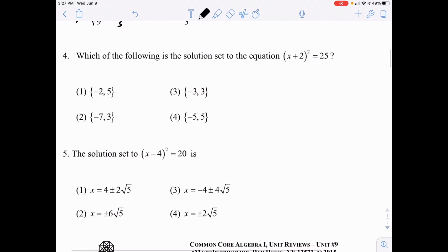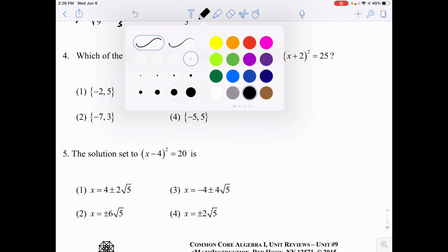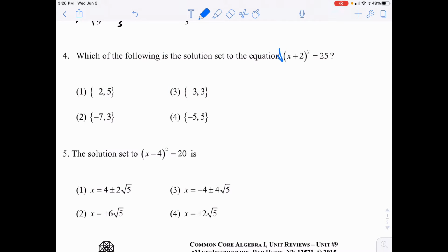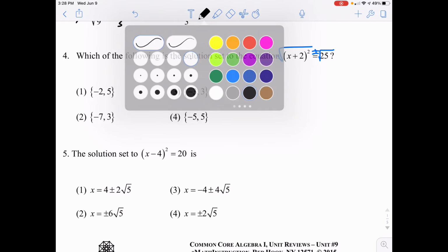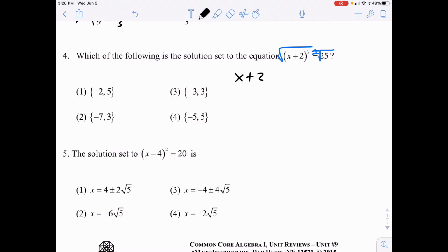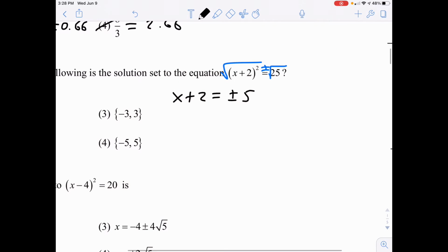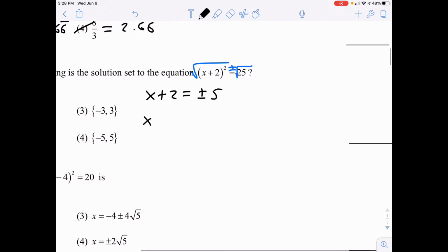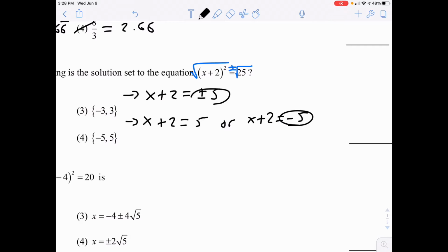Number 4, which of the following is a solution set to the quantity x plus 2 squared equals 25? Let's begin by taking the square root of both sides. And this becomes x plus 2 equals plus or minus 5. At this point, go ahead and write this as two equations. X plus 2 equals 5, that's the positive root, or x plus 2 equals negative 5, that's the negative root.